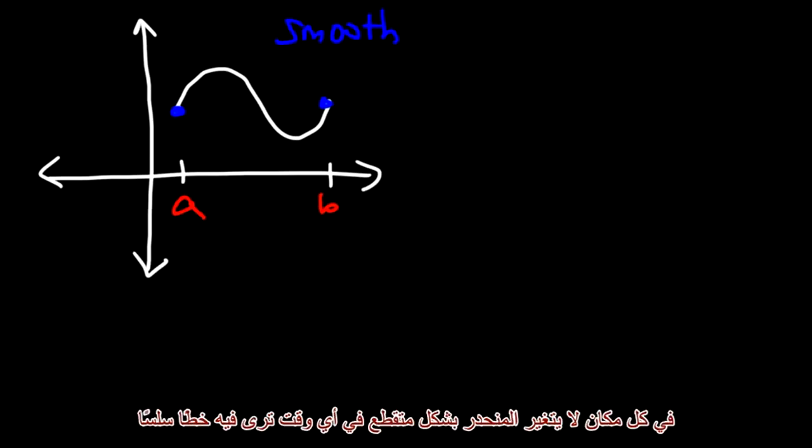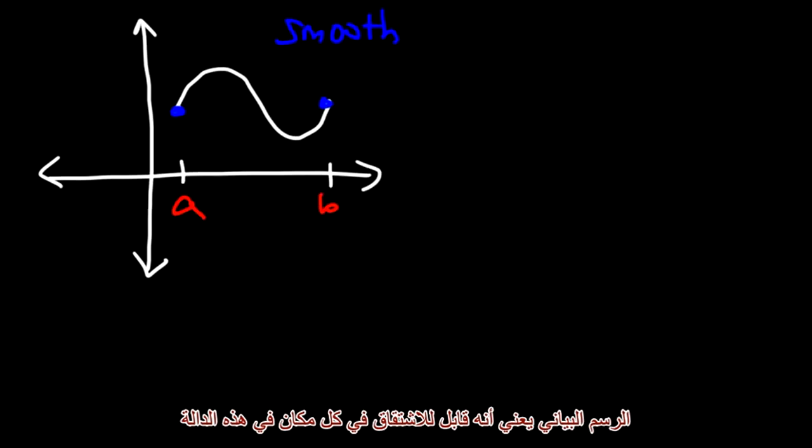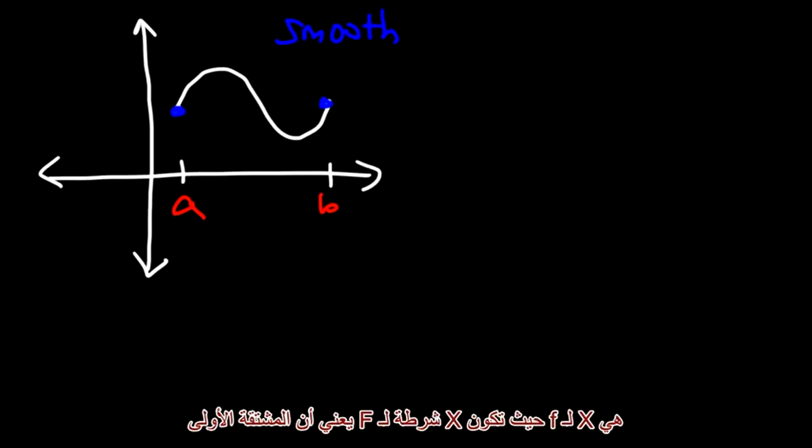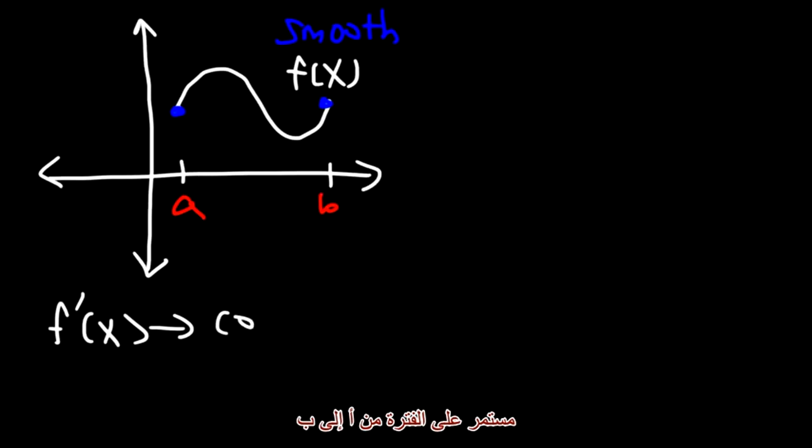The slope doesn't change erratically. Anytime you see a smooth graph, that means it's differentiable everywhere in this function. So that means that the first derivative, f prime of x, where this is f of x, is continuous on the interval from A to B.